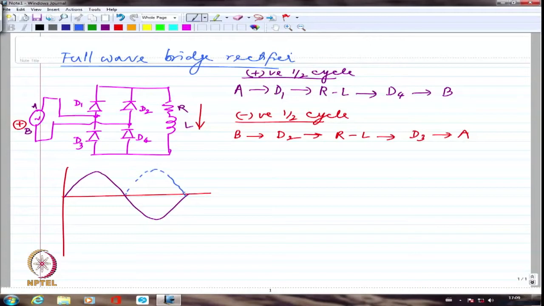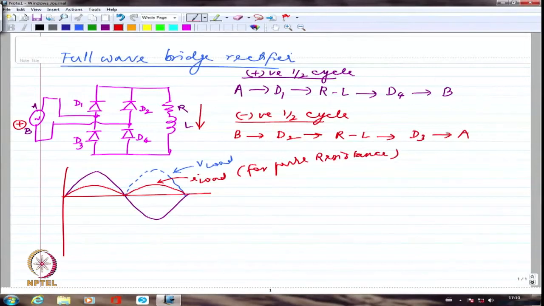This is the rectified voltage waveform, and current will exactly follow whatever is the voltage wave shape. So this is I load for pure resistance.